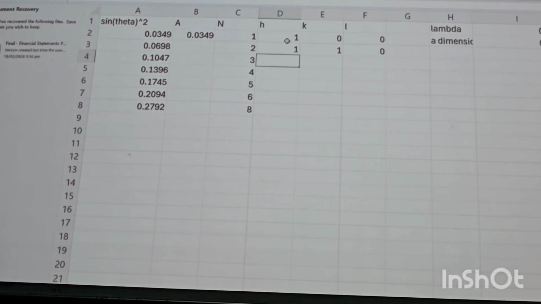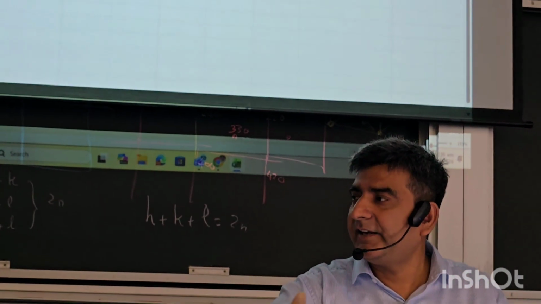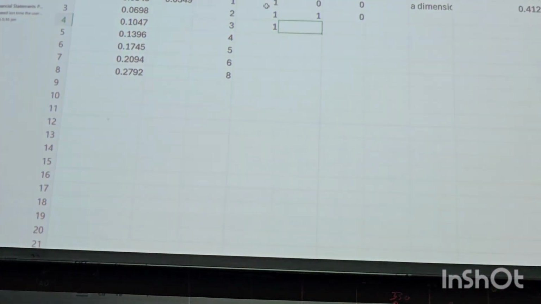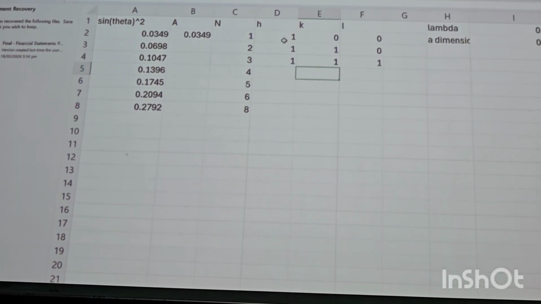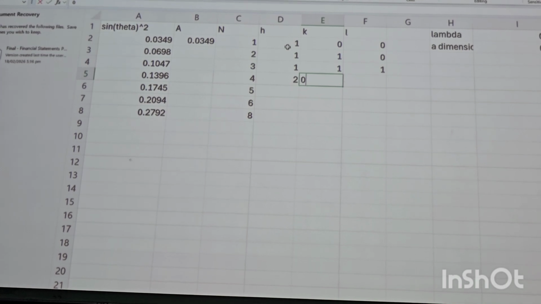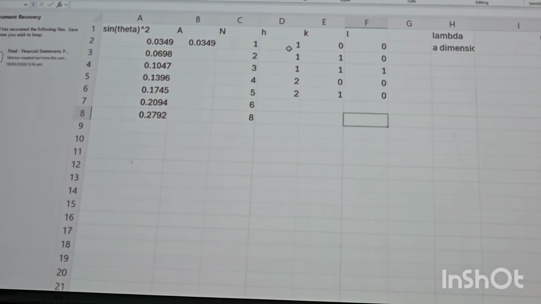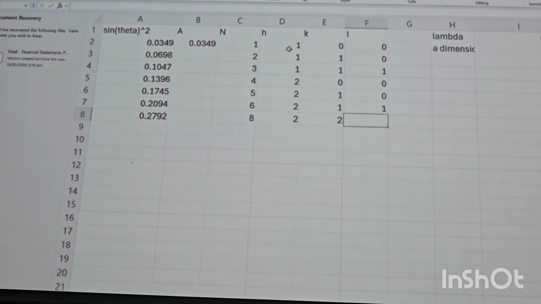I can tell which peak is coming from which reflection, which plane is reflecting. 3 is 1 1 1, 4 is 2 0 0, 5 could be 2 1 0, 6 could be 2 1 1, 8 could be 2 2 0.